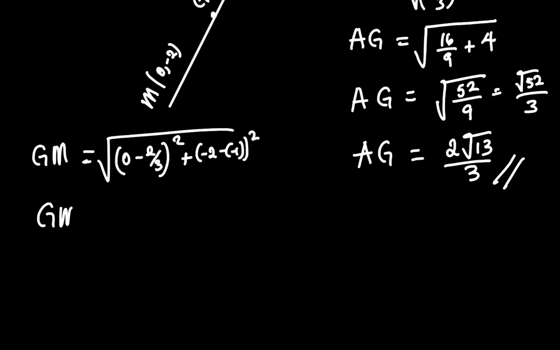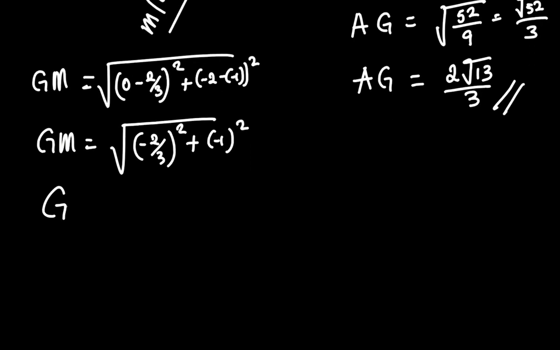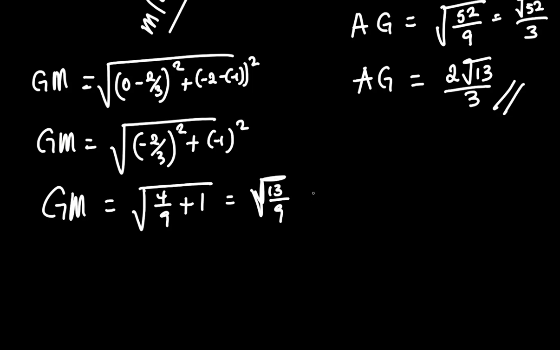Now GM is going to be the root of minus 2 over 3 all squared, then plus minus 1 all squared. Furthermore, GM will be root of 4 over 9 plus 1, which will be root of 13 over 9, which basically is root of 13 over 3.